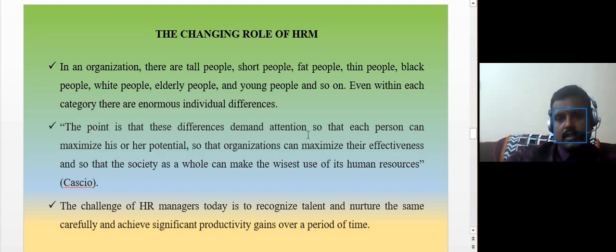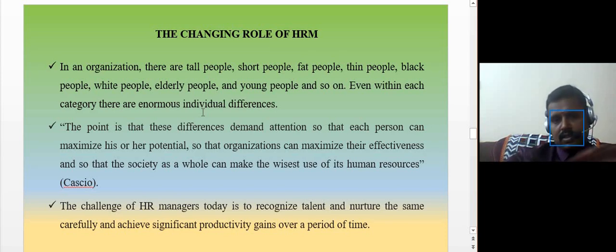The next slide talks about the changing role of human resource management. See point number one. In an organization, there are some people who are tall, some short, some fat, some thin, black skin, white skin, elder, younger, whoever it is.